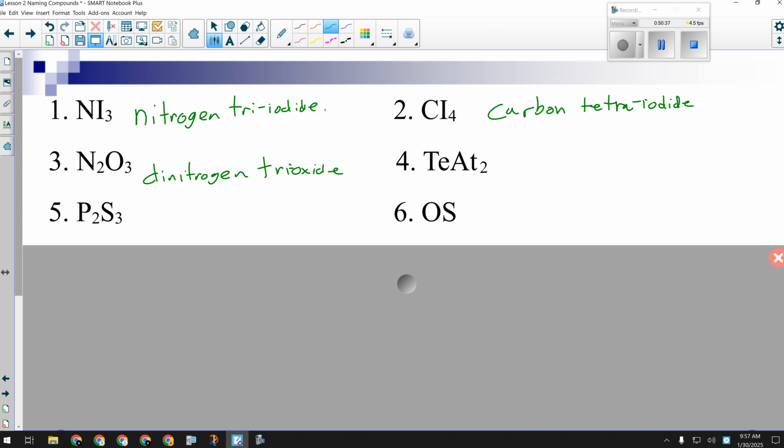Number 4, what does TE stand for? Tellurium. No prefix on that because it's a 1. And diacetyl. Then for number 5, we would have diphosphorus.